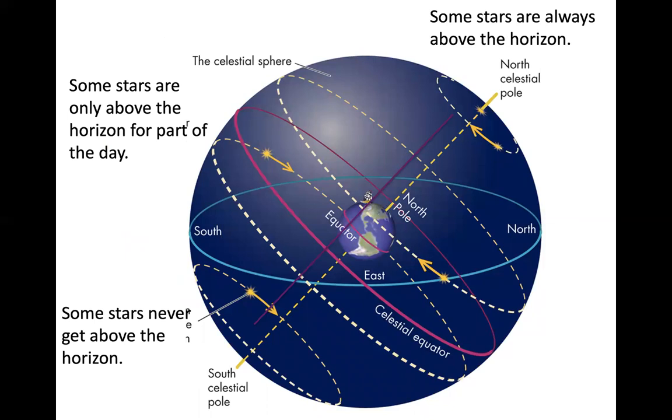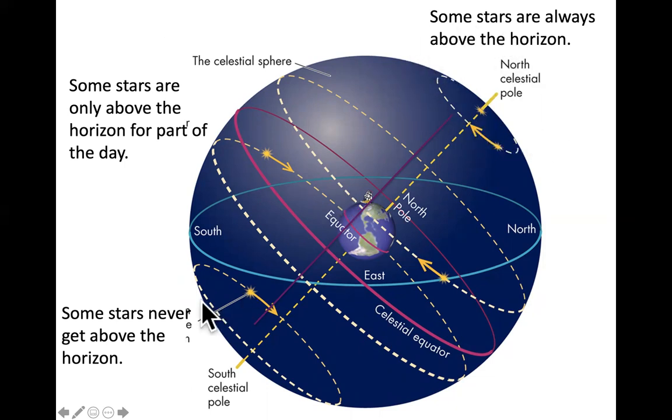And the important thing to understand is this divides stars into three very basic groups. There are stars that are always above the horizon, no matter what the orientation of the celestial sphere or the Earth is, they're always above the horizon. These are ones around the North Celestial Pole.